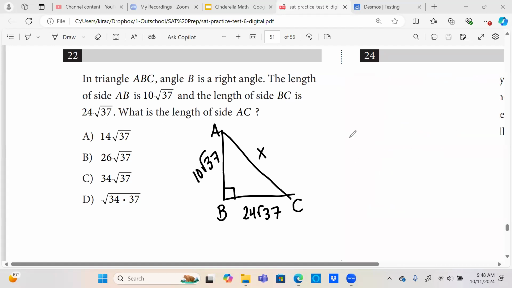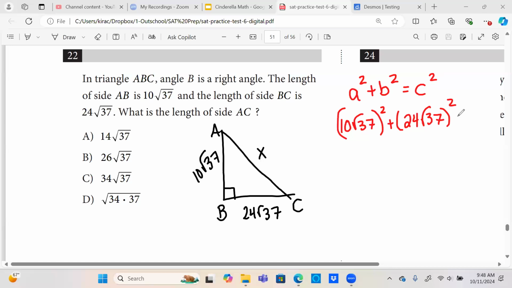So in any right triangle, we know we can take the two legs, square them, and add them together equals the hypotenuse squared. So we have 10 root 37 squared plus 24 root 37 squared equals C squared. So you do 10 squared, which is 100, and then root 37 squared comes out of the root and is just 37. 24 squared is 576.